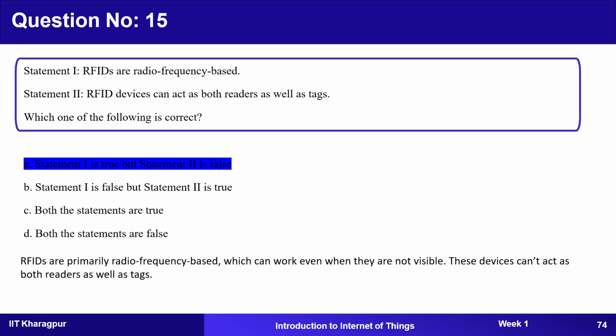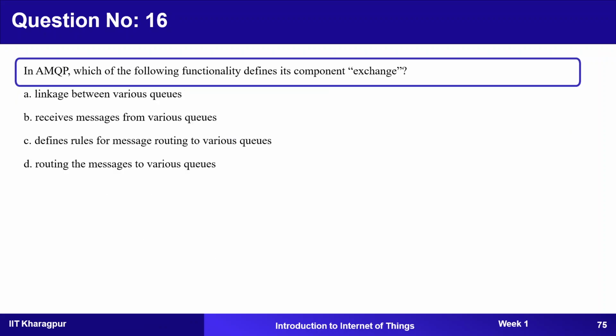Next question is, in AMQP, which of the following functionality defines its component exchange? Options are linkage between various queues. Option B is receive messages from various queues. Third is define rules for message routing to various queues. And last one is routing the messages to various queues.